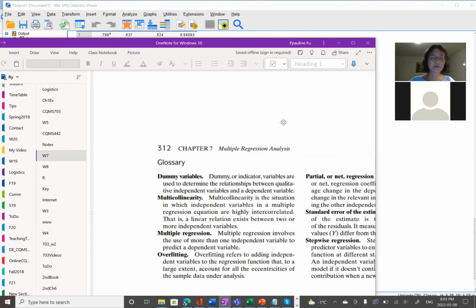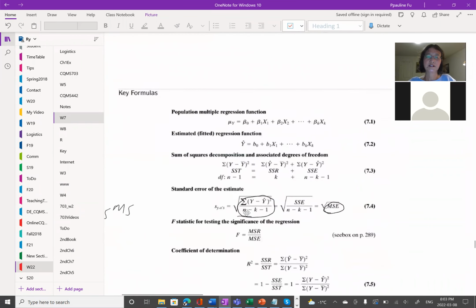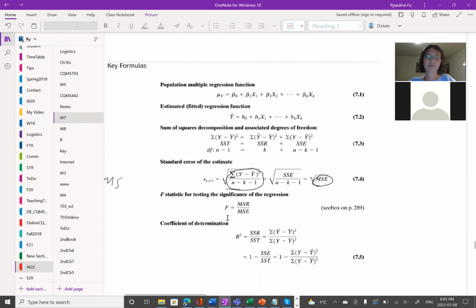So that concludes our chapter 7, multiple regressions. Here I have the key terminology. Okay, what is dummy variable, multicollinearity, etc. Read what is stepwise. And the key formulas here.